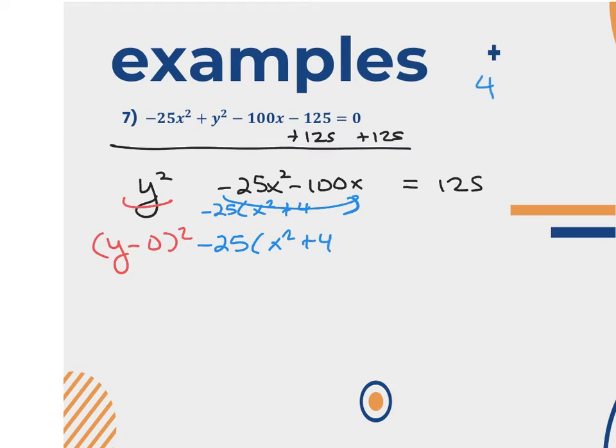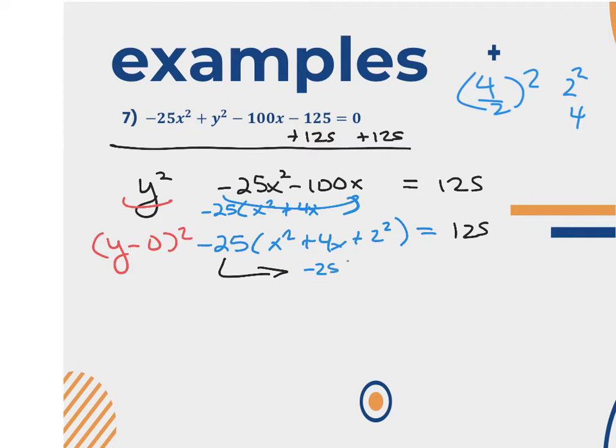Take the b term, divide it by 2, square it. 2 squared is 4. So I'm going to be adding in 2 squared. Over here, I'm going to be adding negative 25 times 4, which is negative 100.